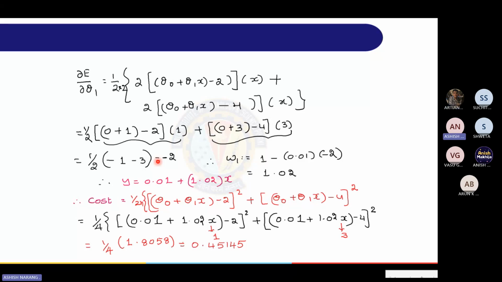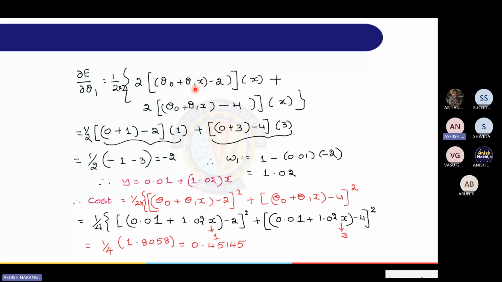If you are forgetting how to take derivatives, you can just revise that part and then come to this partial derivative thing. Then you will come to know why this x is written. You have to take the derivative with respect to theta 1, and you have an x term here. If y is equal to 2x, dy over dx is 2.